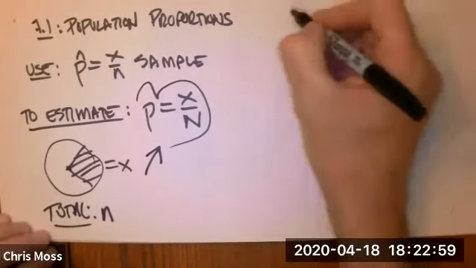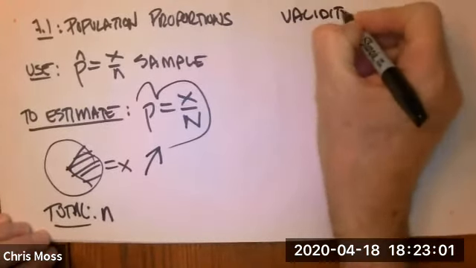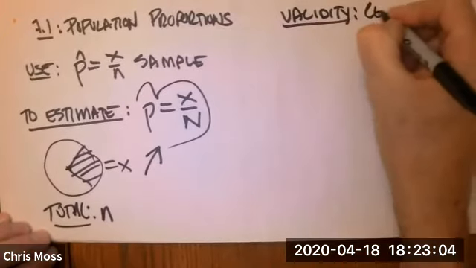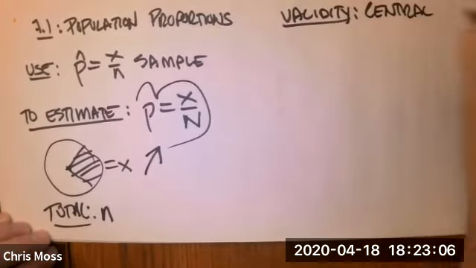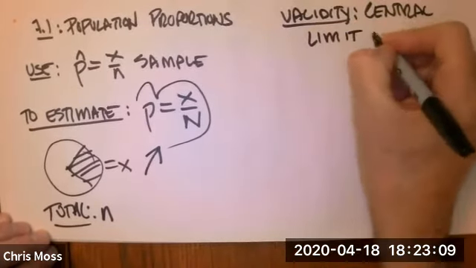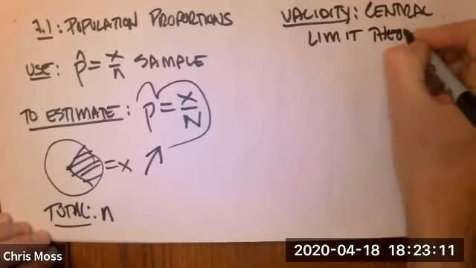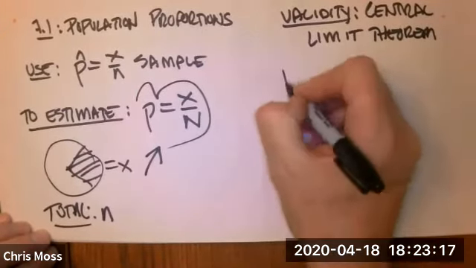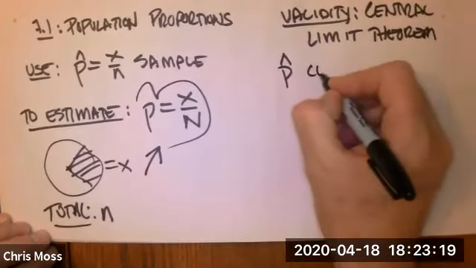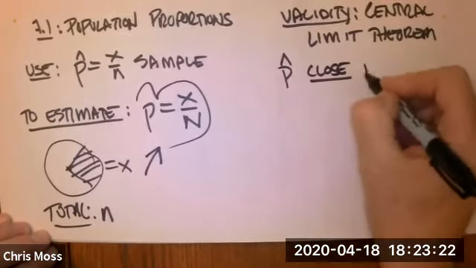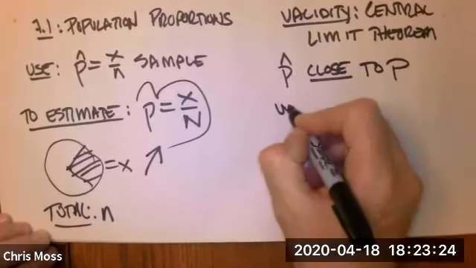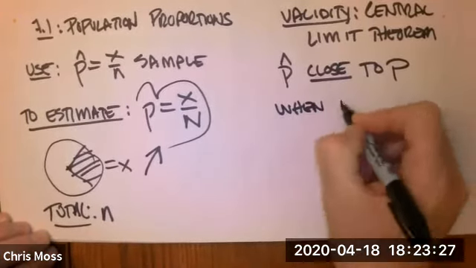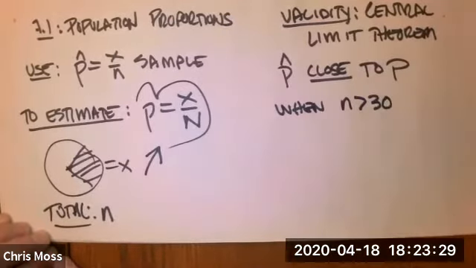Well, the validity of our estimate comes to us from the central limit theorem. And we realize that p hat should be close to p, basically when your sample size is greater than 30. And that's really what we're going to count on.